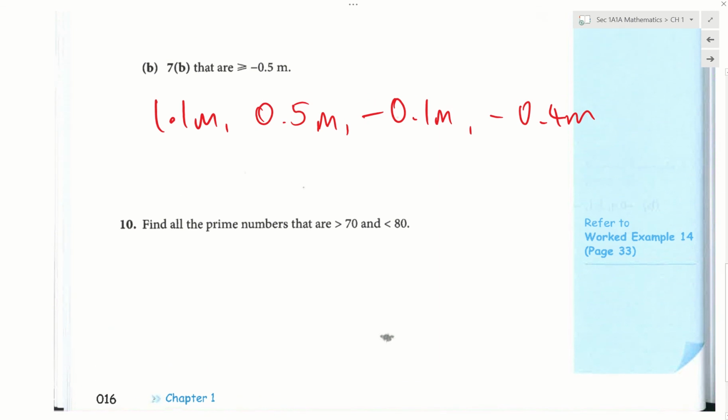And now the final question in this chapter, question 10, our prime numbers again. So prime numbers, how many factors are there in prime numbers? What are they? 1 and itself. Okay, quick check. What's the smallest prime number? Good. What is the next prime number?